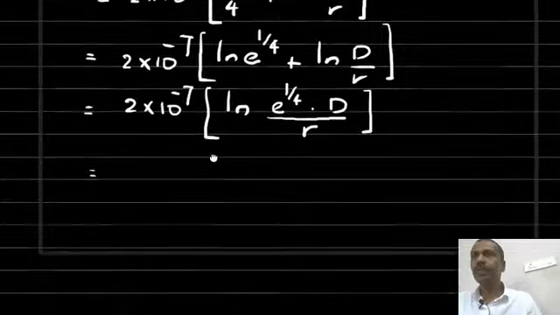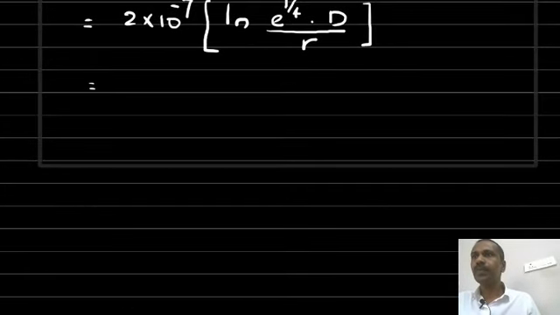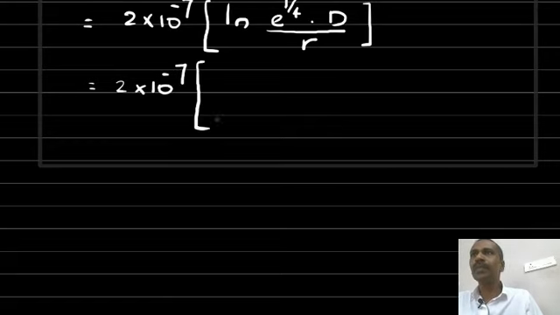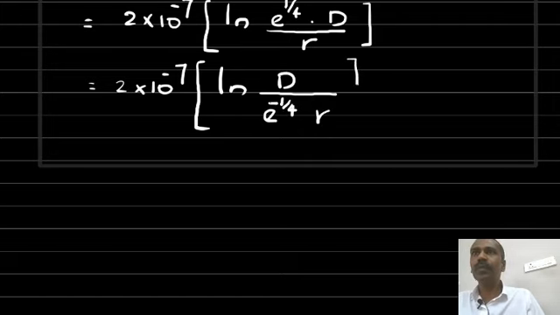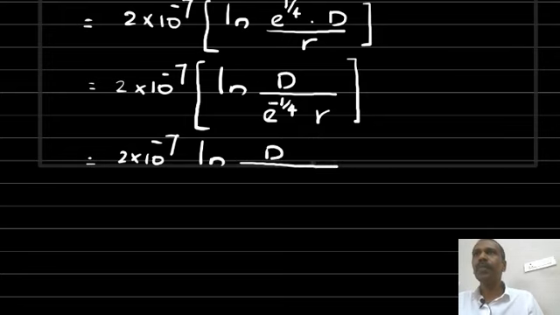This is equal to 2 into 10 raised to minus 7 natural logarithm. The e raised to 1 by 4 can be brought to the denominator, so it becomes e raised to minus 1 by 4 into r, which is equal to 2 into 10 raised to minus 7 natural logarithm d divided by e raised to minus 1 by 4 into r. e raised to minus 1 by 4 can be calculated using a calculator.